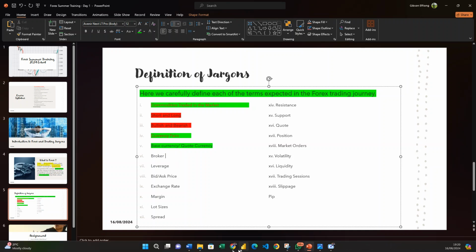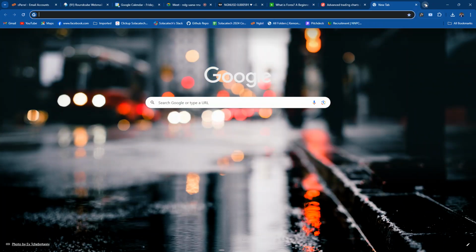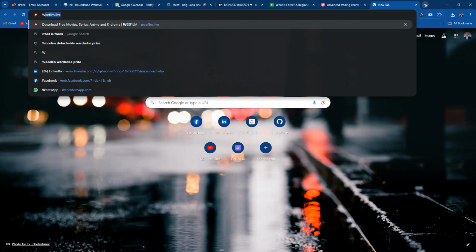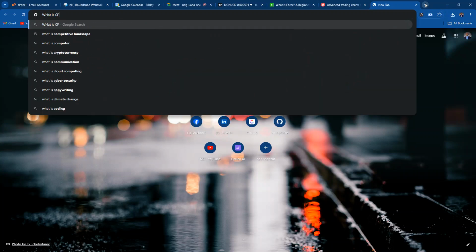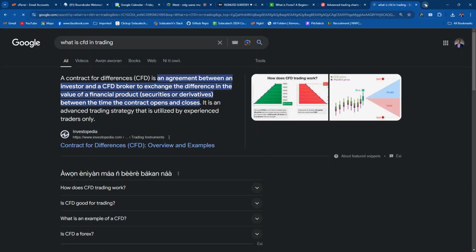I want us to get this term right. I didn't write it out, so let me just search so I use the real word for it. So what is CFD in trading? I might decide to give you a minute and you check it's something else. So CFD is contract for differences, an agreement between an investor and a CFD broker. Okay, let's look at CFD broker.